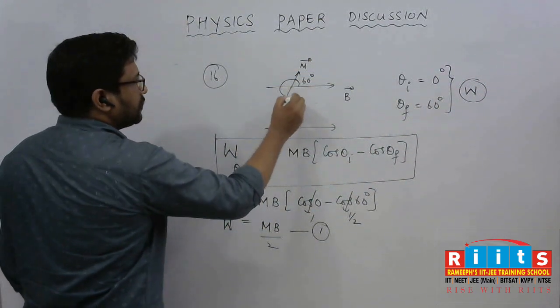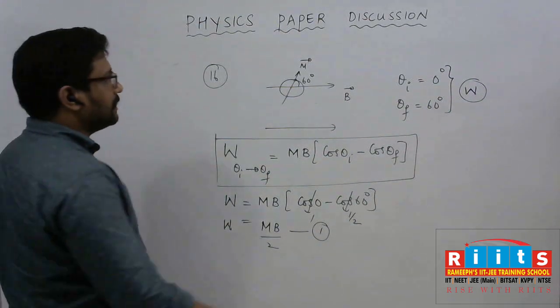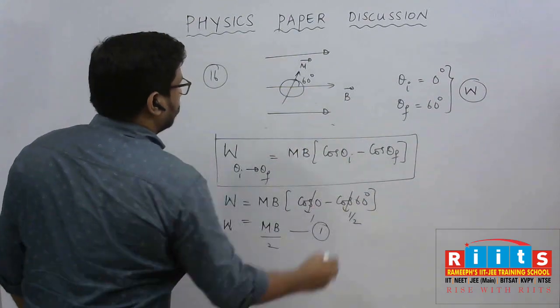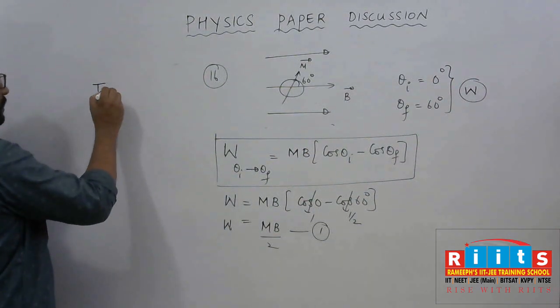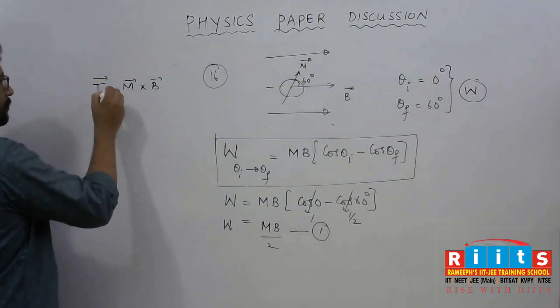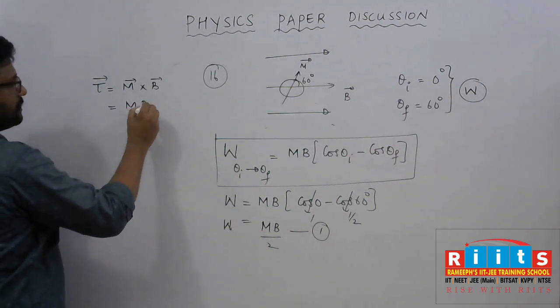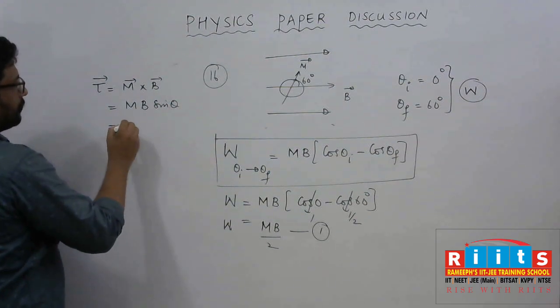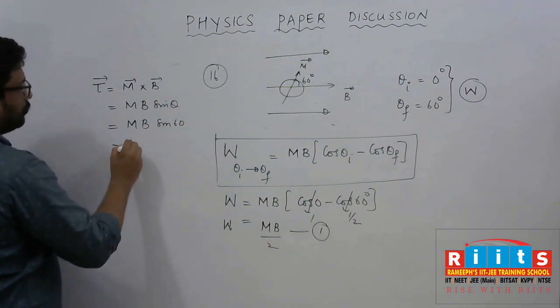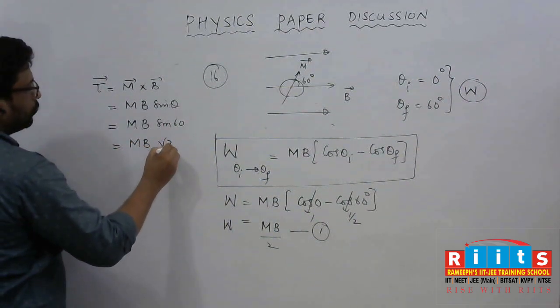So at this position, what is the torque acting on the magnetic needle? The equation for torque is m cross b, that is nothing but mb sine theta. M into b into sine 60. Sine 60, you know, is root 3 by 2.